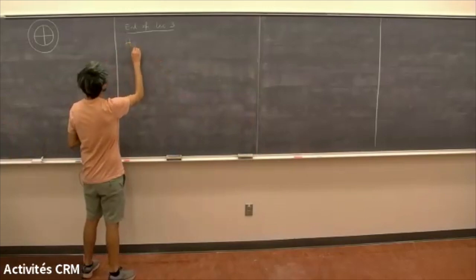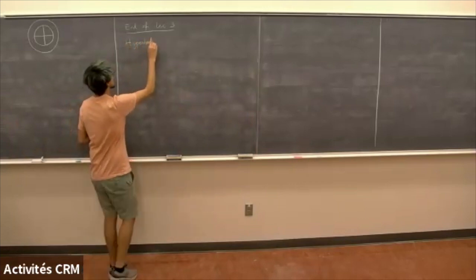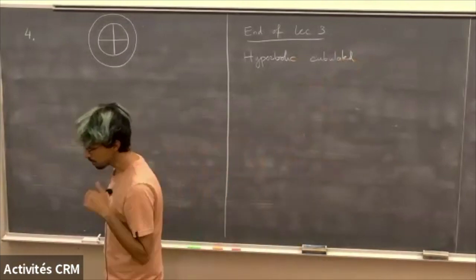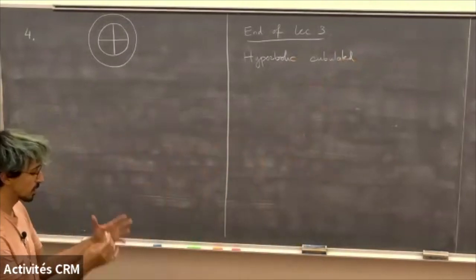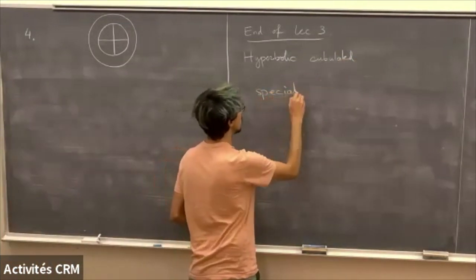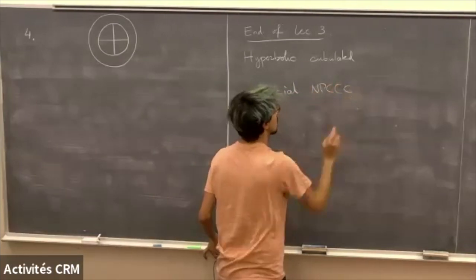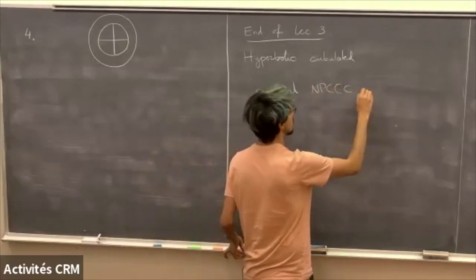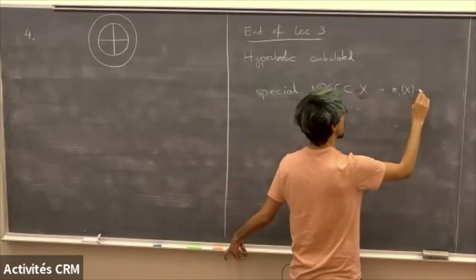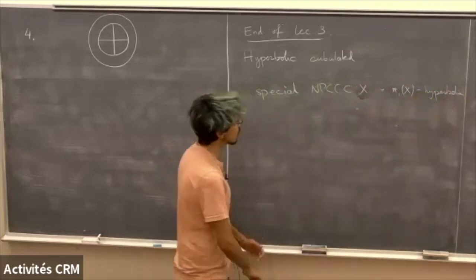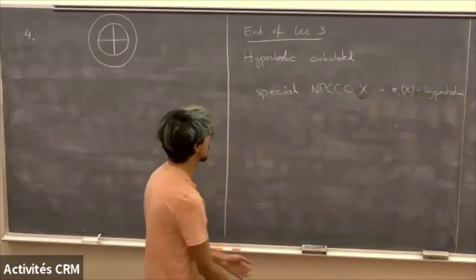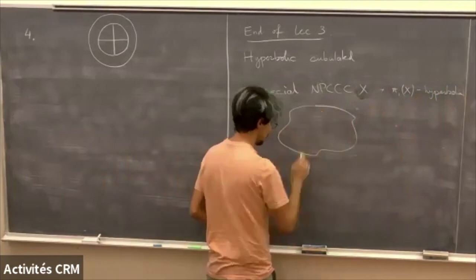So what I wanted to talk about a bit is hyperbolic cubulated groups. If you have this special non-positively curved cube complex, let's say X, and its pi1 is hyperbolic, then you have those hyperplanes inside X. I'll do a cartoon.